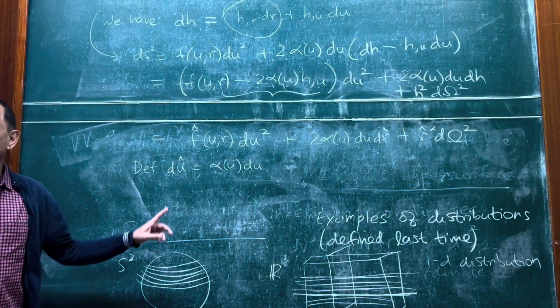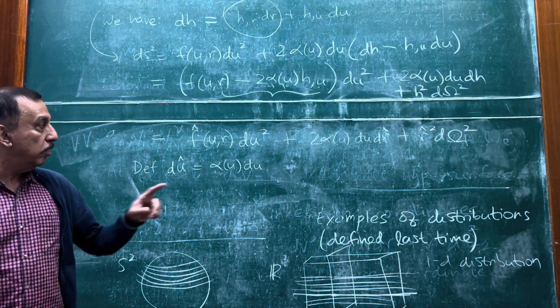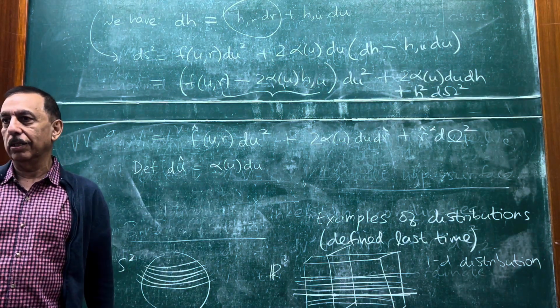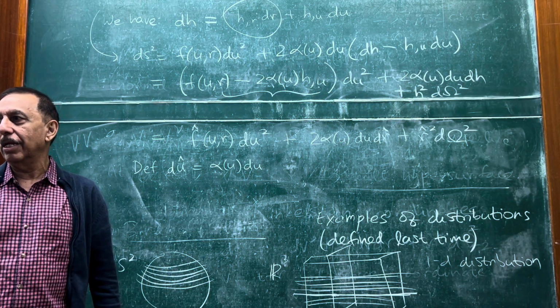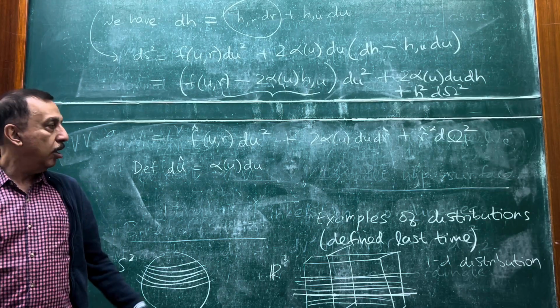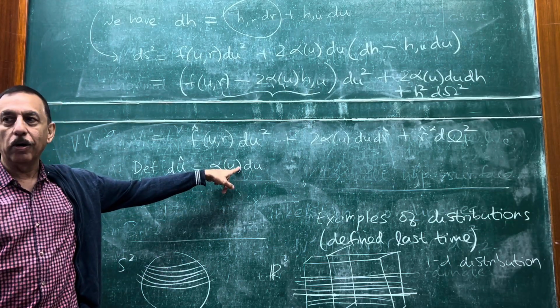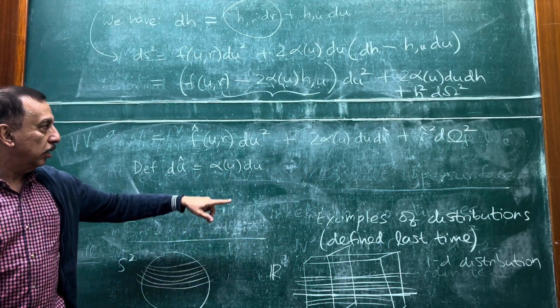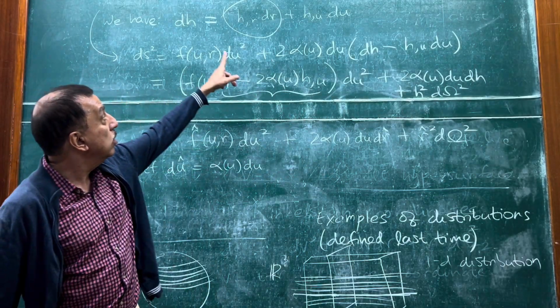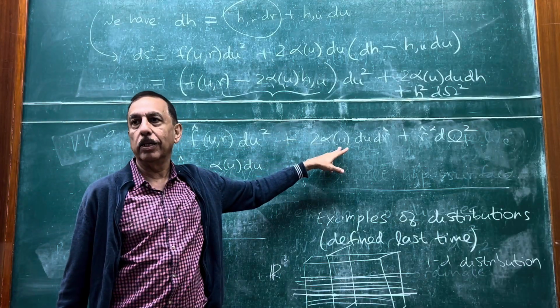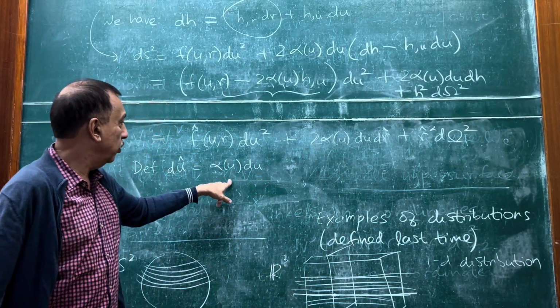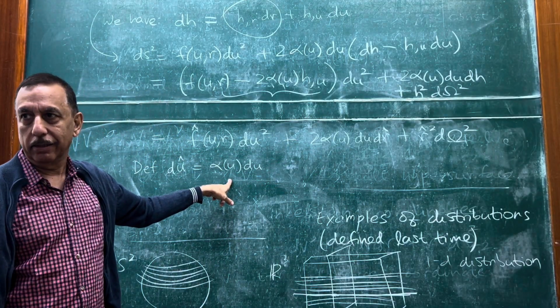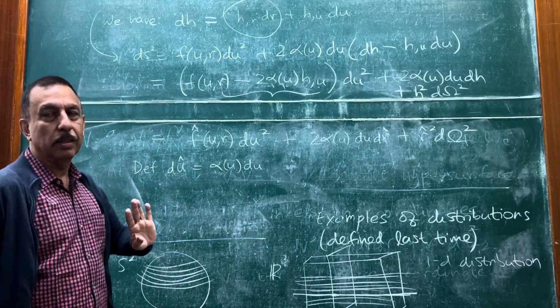Remember, whenever we do all these things, they work only when things are function of one variable. If they are functions of multiple variables, then we can't simply do these things. For example, if this depended on u and r, I can't just integrate this equation in u. But fortunately, alpha was an integration constant in r and therefore depended only on u. Therefore, this equation will have an integral, and whatever it is, I just call it u hat.